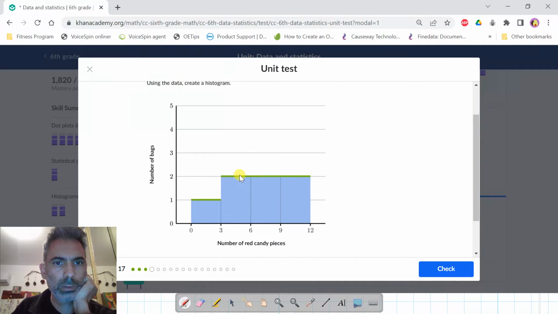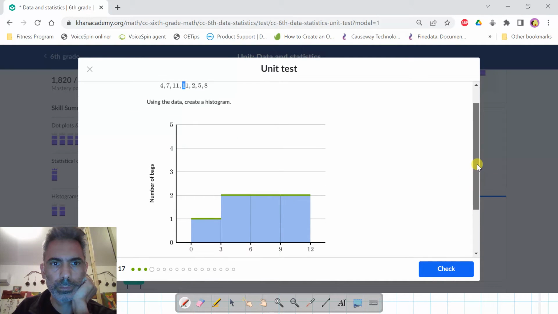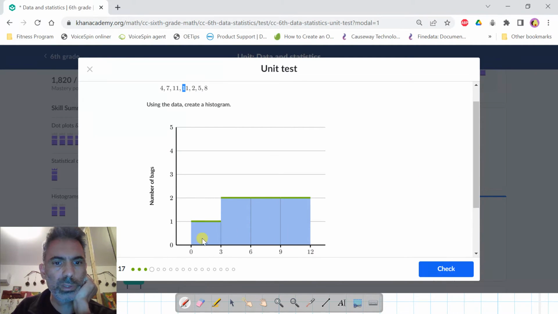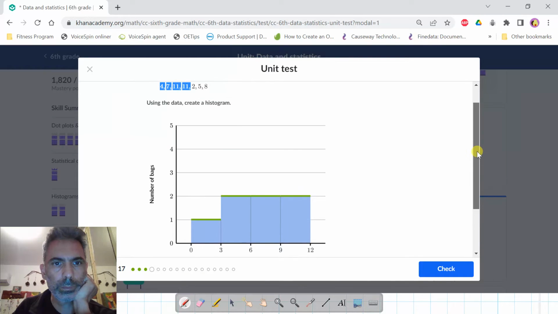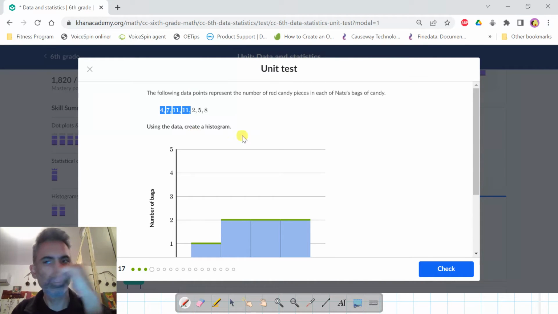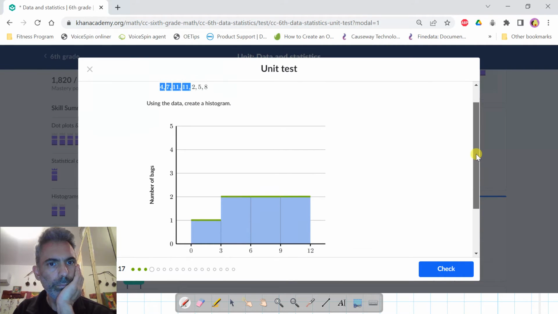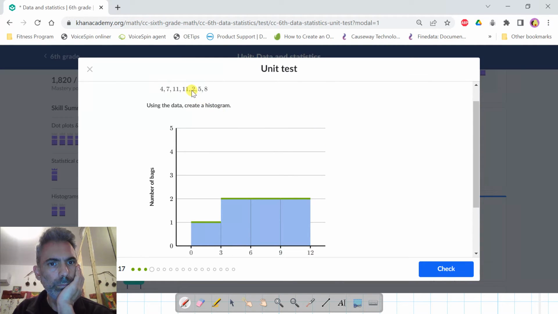Let's see if this is correct. Between 0 and 3 we have this one. We have the 2.